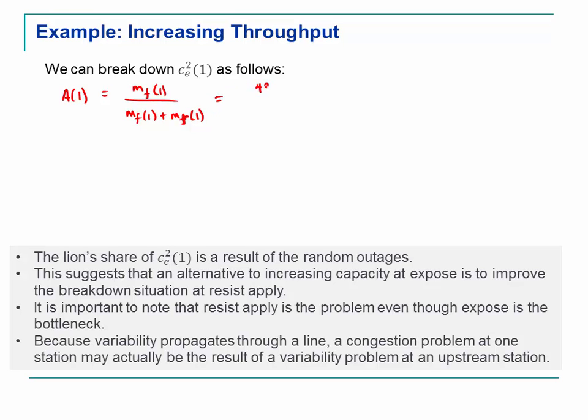And we know those numbers. This is 48 divided by 48 plus 8. This is 0.8571. The TE of that first machine is going to be equal to T of 1 divided by the availability of 1. So this is 19 divided by 0.8571. So this is 22.17 minutes.